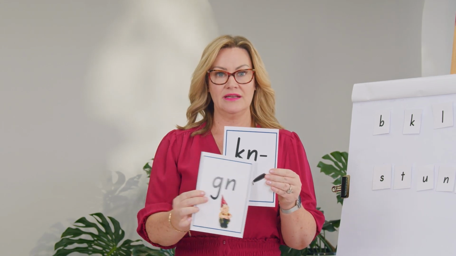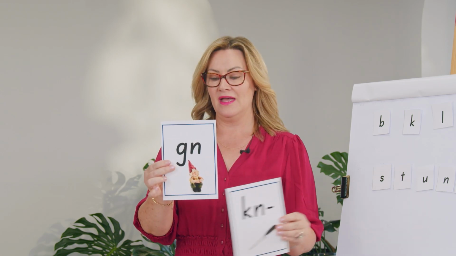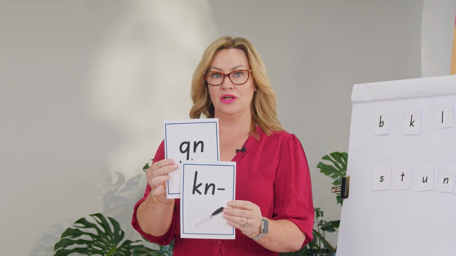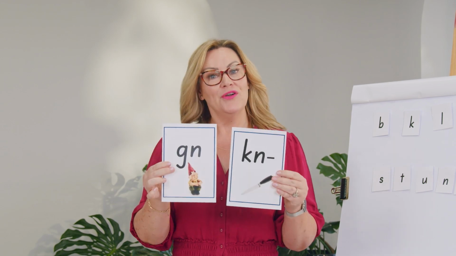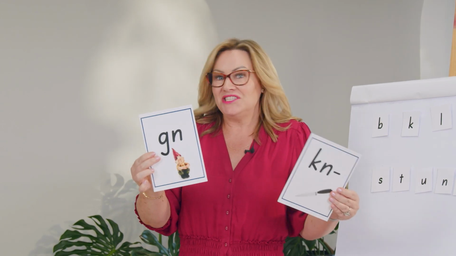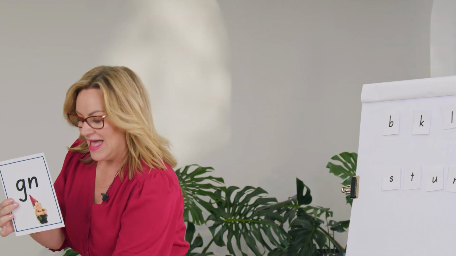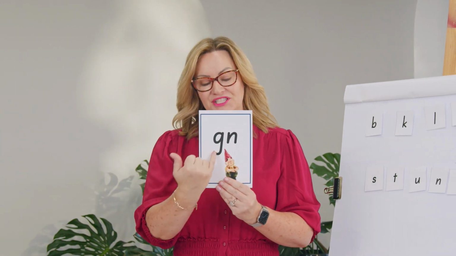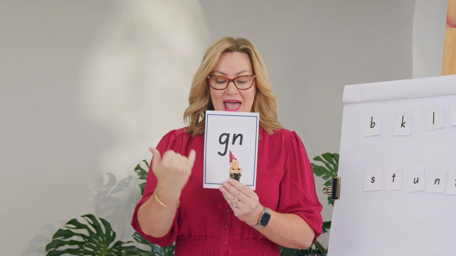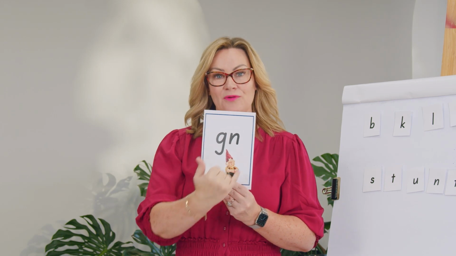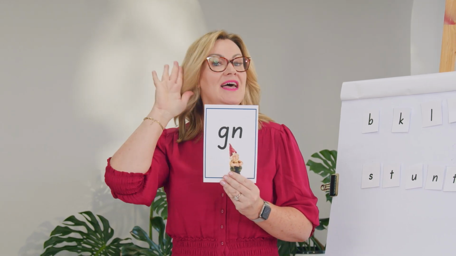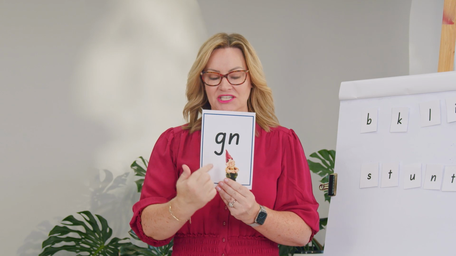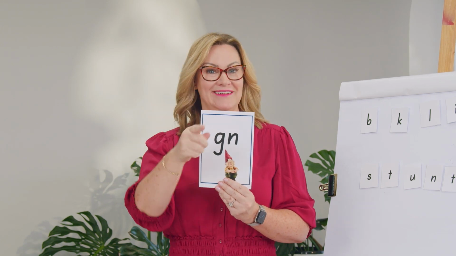So it was kn, knife, and gn, gnome. But over time, pronunciation changed. And now the G has become silent, and this grapheme represents the phoneme N. Let's say it together. G-N, N.